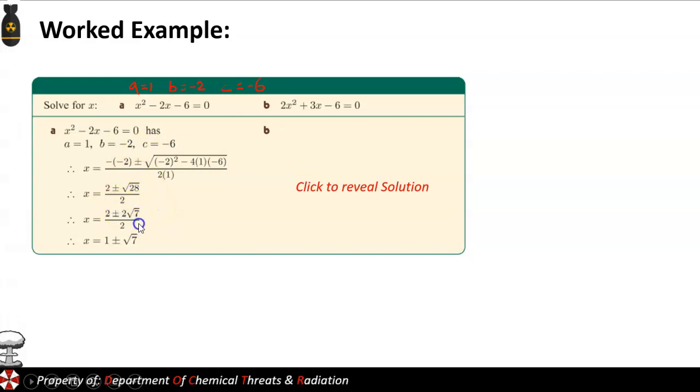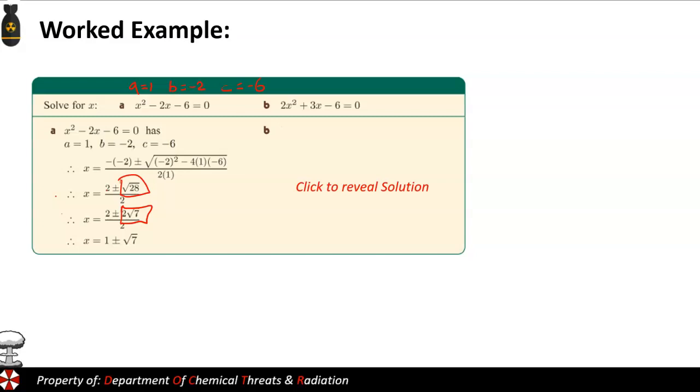If you remember your surd rules, we can condense that from root 28 to 2 root 7. Again, the problem with doing this in a calculator is that a calculator is probably just going to give you an answer. It won't give you root 7. It won't give you an exact value. It'll give you a decimal number.